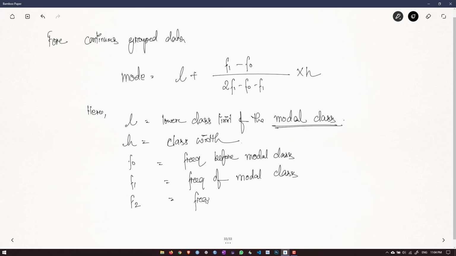And f2 is the frequency after the modal class. So the order 0, 1, 2 is also helpful in remembering this. 0 means before, 1 is exactly the modal class, 2 is the next one. So if we do an exercise, that will clear it up.